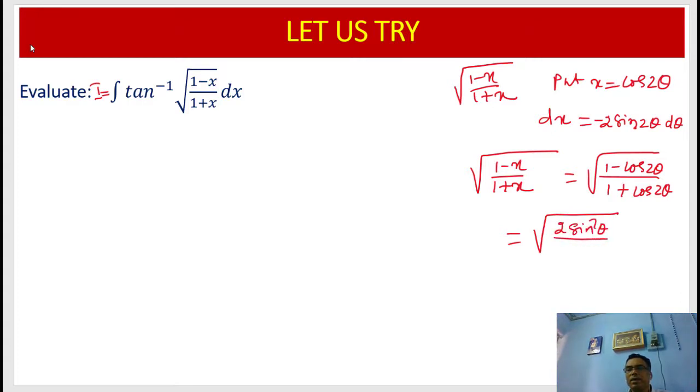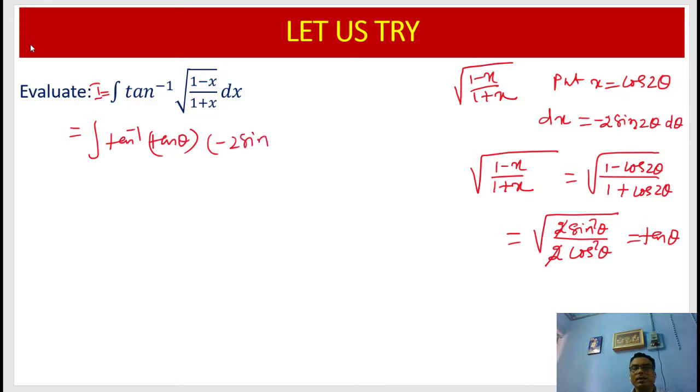Here 1 plus cos 2 theta is 2 cos square theta. 2 cancelled, and it is nothing but tan theta. So I write my integral in this way: integration of tan inverse tan theta, and what was my dx? Minus 2 sin 2 theta d theta.